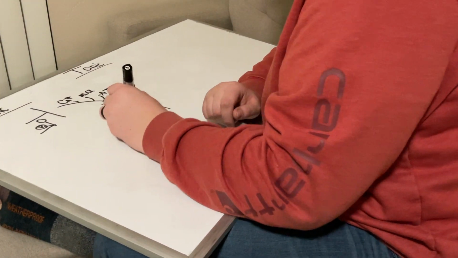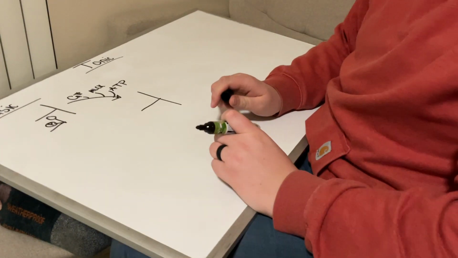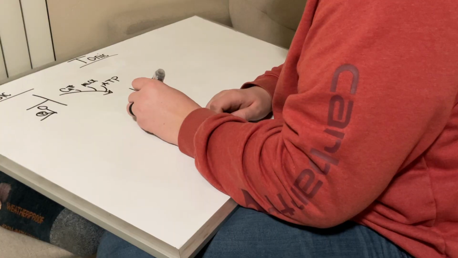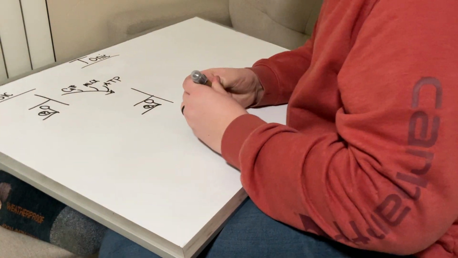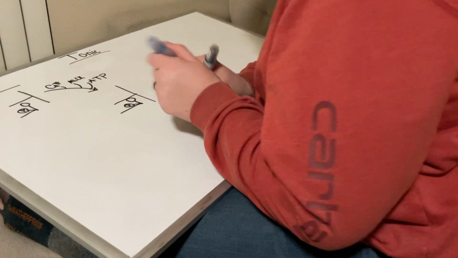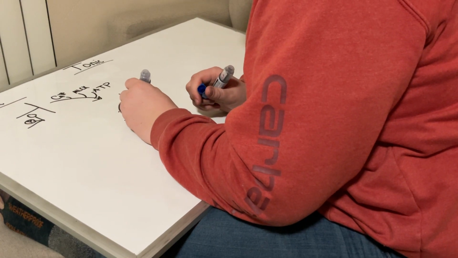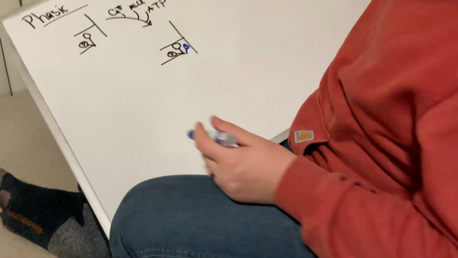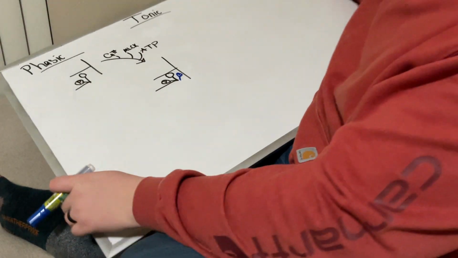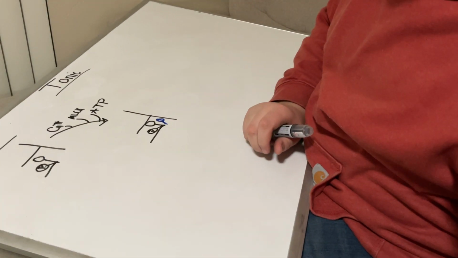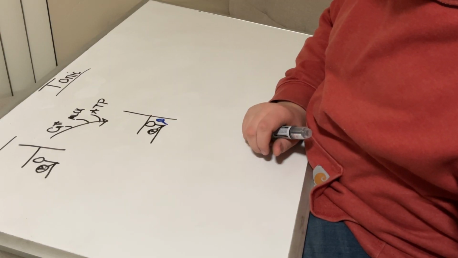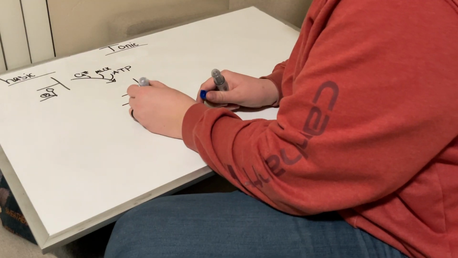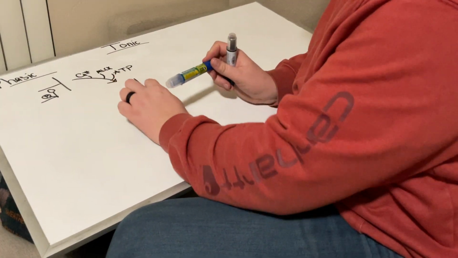So let me draw that out. I'm going to mark this other phosphate being added on, indicating it there in blue. And our myosin won't bind if the other phosphate is not added. So if this blue one is not connected to this unit, then our myosin won't bind there.